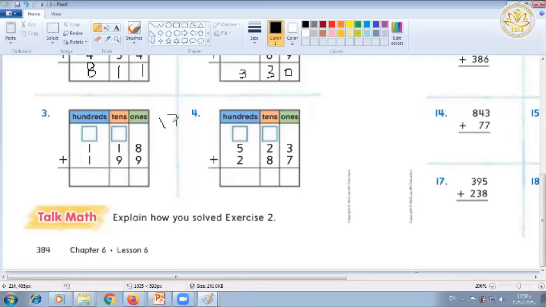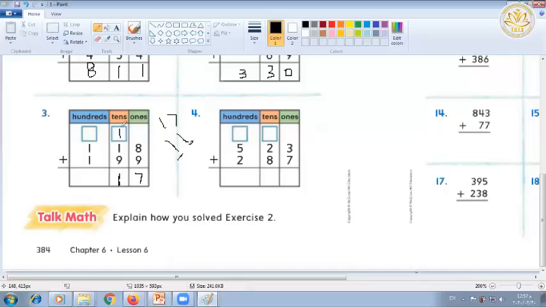Here I have 17. The 7, of course, will go with the ones, and the new 10 with the tens. 1 ten plus 1 ten equals 2 tens, and 9 equals 11 tens. So here I have 11 again. 11 tens means I have 1 ten and 10 tens.